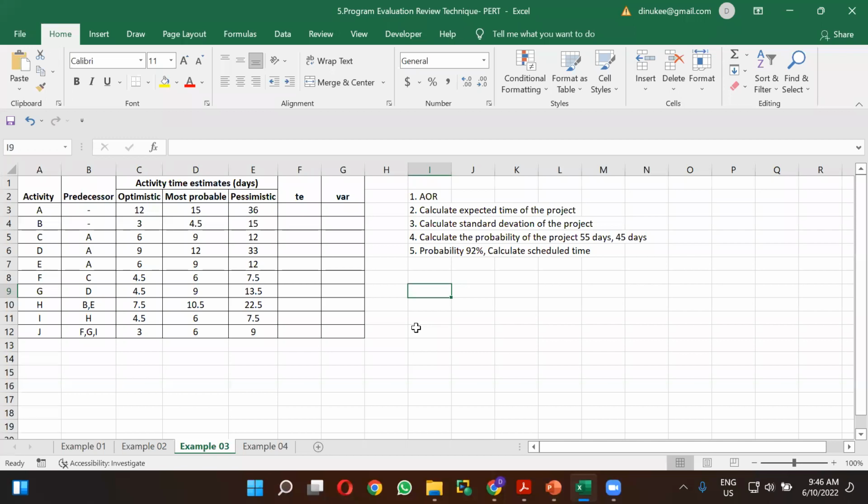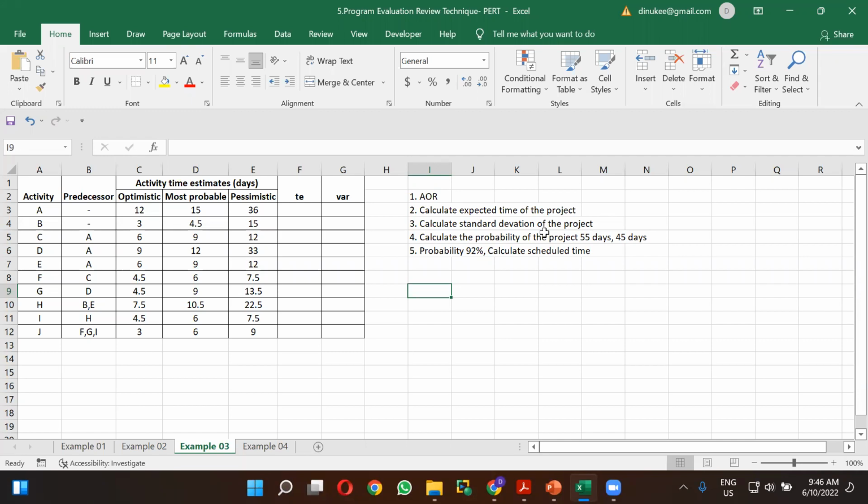So in the third question, you are asked to draw the activity on arrow approach, calculate the expected time of the project, and calculate the standard deviation of the project. Then calculate the probability of the project if we are getting 55 days as the total schedule time.